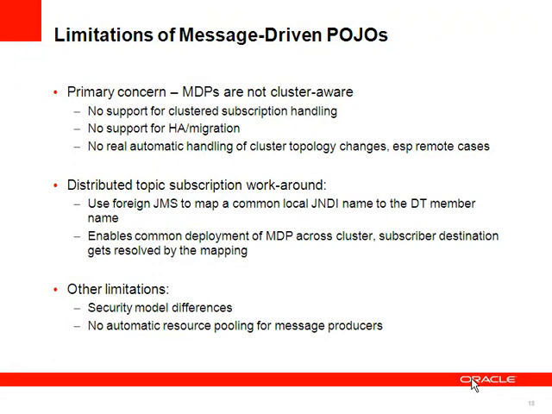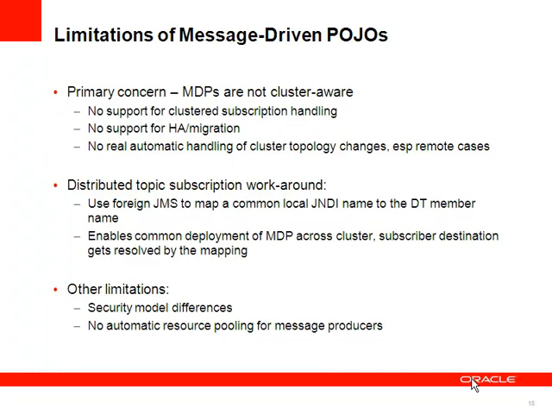So in that case, you can use a JNDI mapping capability in foreign JMS configuration in WebLogic Server to map a consistent common local JNDI name for the distributed topic, and you map that to the local topic member name, the actual JNDI name of that local member topic, not of the whole distributed topic. So hopefully that makes sense, right?